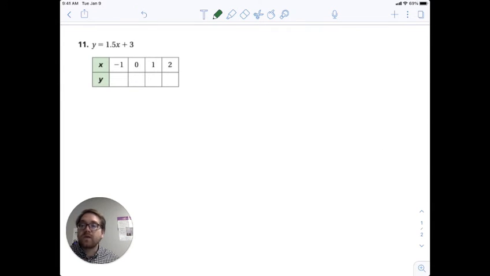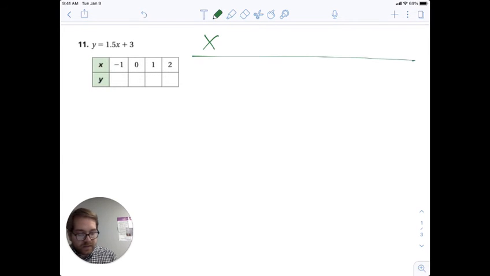All right, let's look at one more example, also in your notes. Y equals 1.5x plus 3. So this is our function, okay, and this is the domain that's given to us, -1, 0, 1, and 2. And we want to figure out what's our range from this domain. So I'm going to do this the exact same way we just did the previous problem.